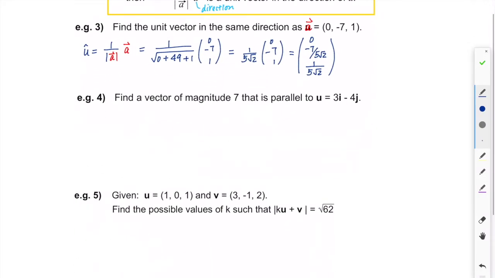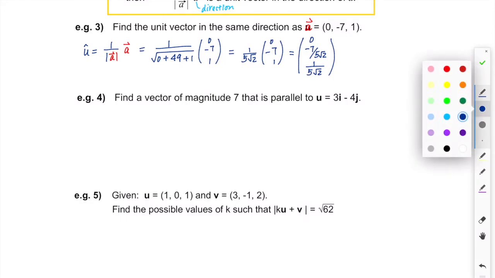Example 4. Find the vector of magnitude 7 that is parallel to the vector, let's call this A again, I don't like to confuse you, equals 3i minus 4j. So the vector A, 3i minus 4j, obviously does not have a magnitude of 1, right? Because it's a 3, 4, 5 triangle.